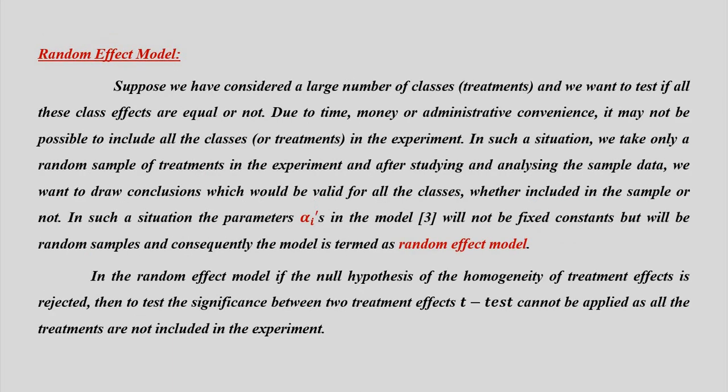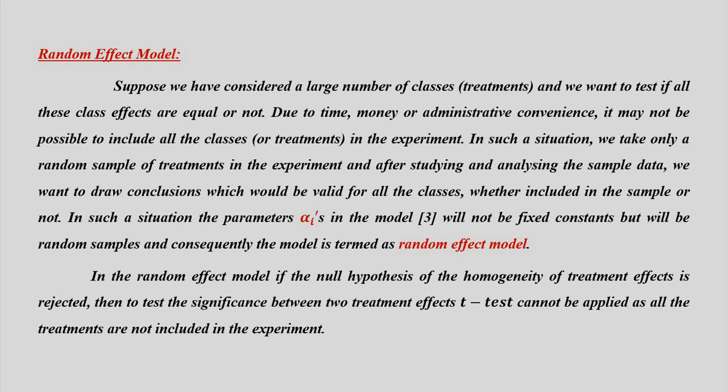In the case of the random effect model, what happens? We have considered a large number of classes or treatments and we want to test if all these class effects are equal or not. But due to time, money or administrative convenience, it may not be possible to include all the classes or treatments in the same experiment.